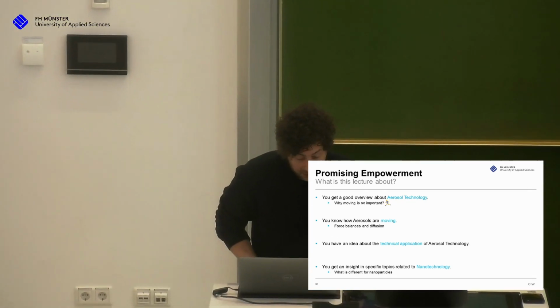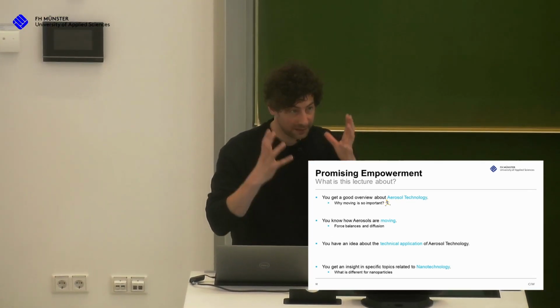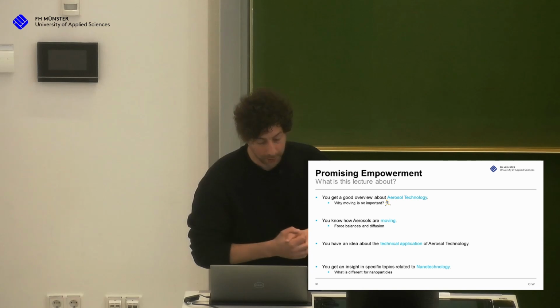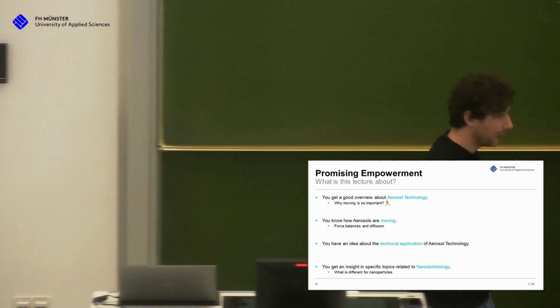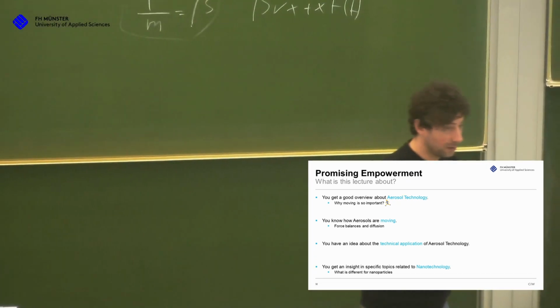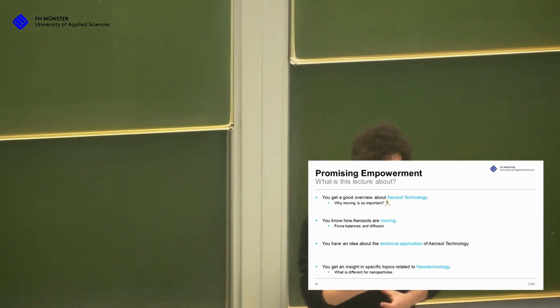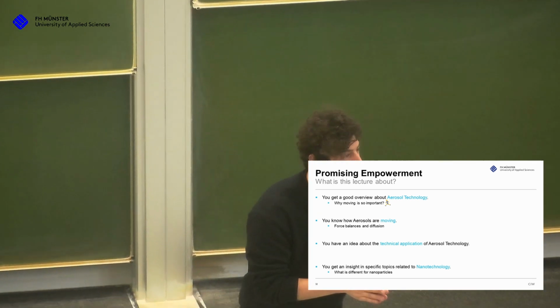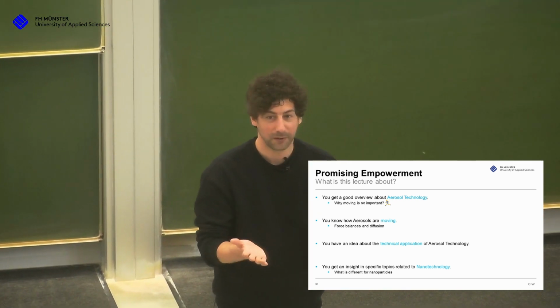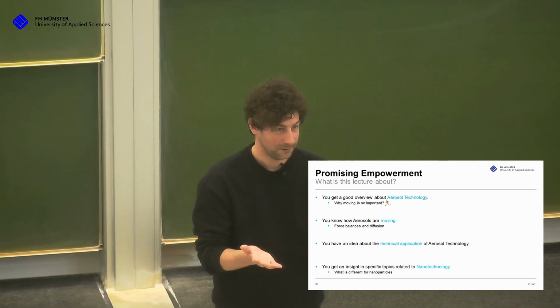I hope after the last 2 lectures you know about force balances, the Navier-Stokes equation, diffusion, convection, all these things. You know what I expect from you in the oral exam. When I ask you how do particles move, what do you tell me? How do particles move? Depending on the force.